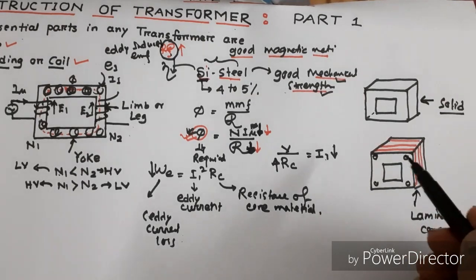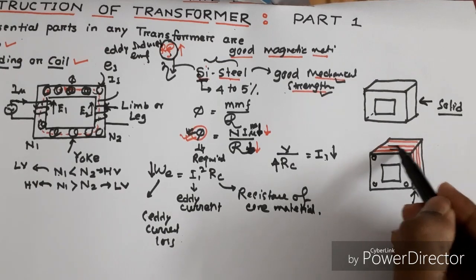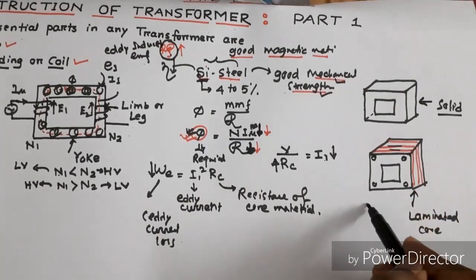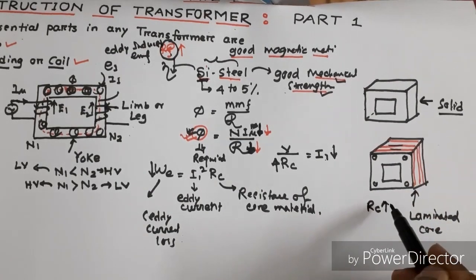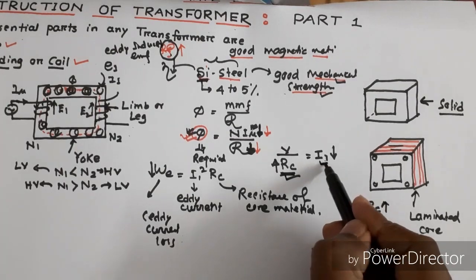Okay. Now what are the advantages? The advantage is that due to the air gap between the sheets by lamination, the resistance R_c will increase. Since R_c will increase, eddy current will decrease.